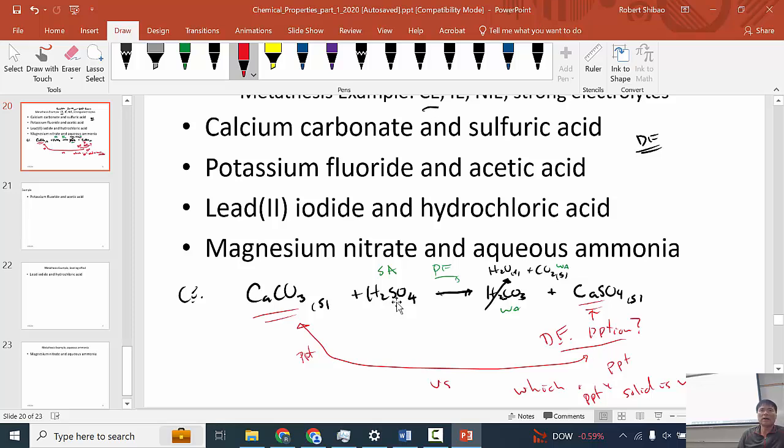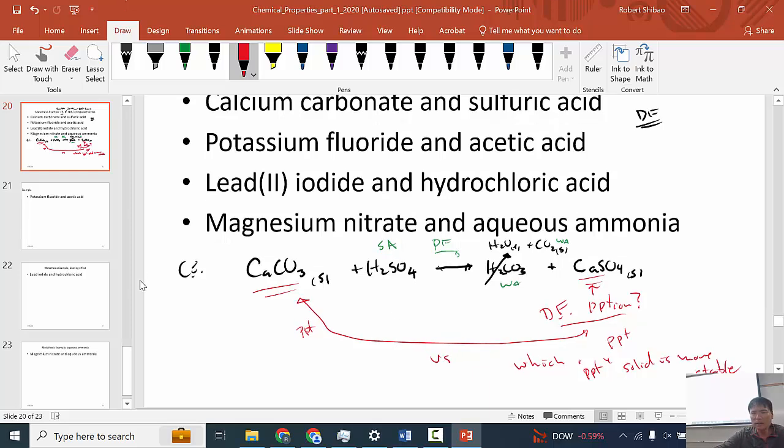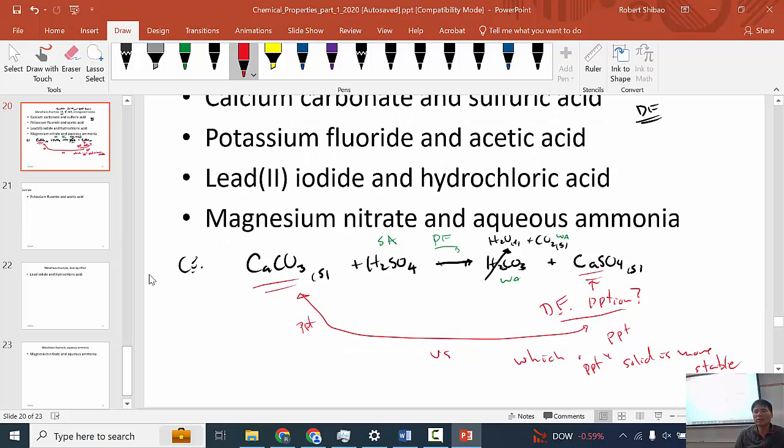Solid to solid you don't have in Chem 4 or high school Chem, because it's too complicated. So they don't put these there. So the precipitation here, how can we tell which one's more stable? Well, we base that on solubility. The one that's more stable is the less soluble one.